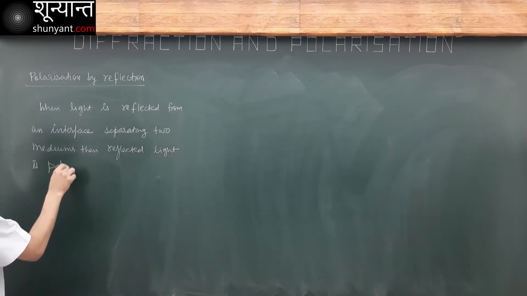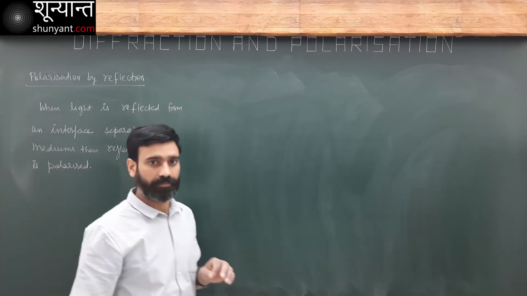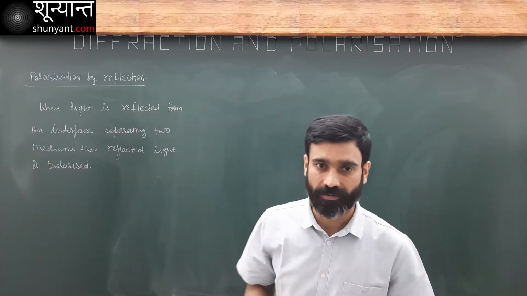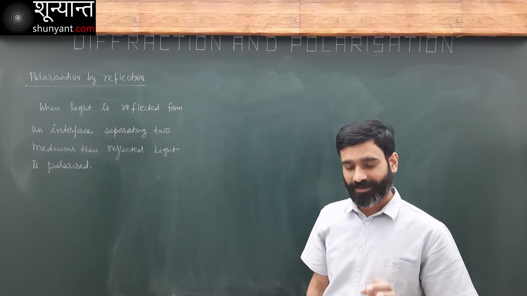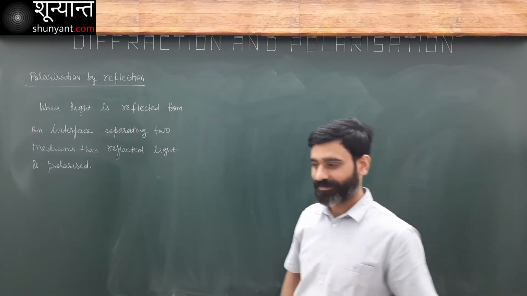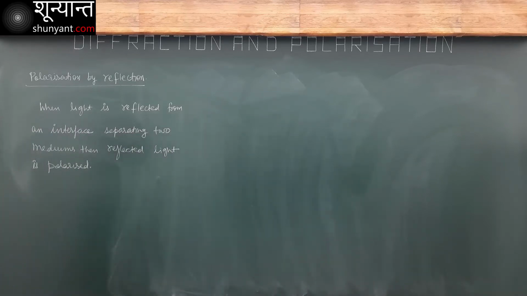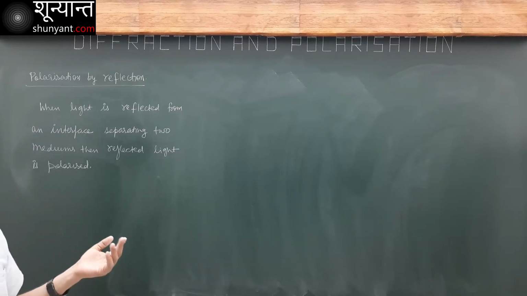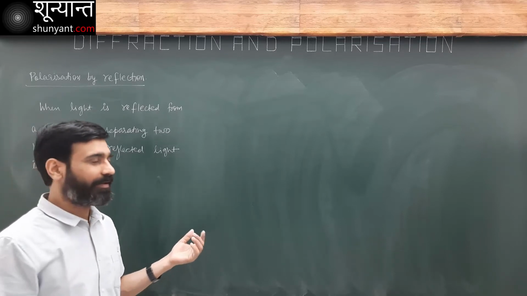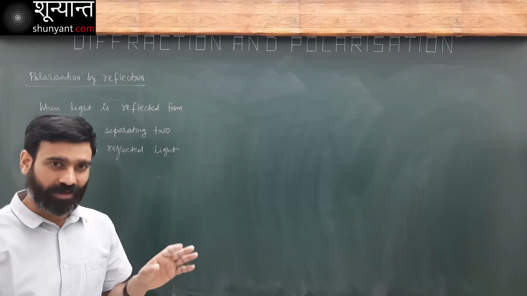First of all, this is an observation. This is what has been observed. It happens all the time. Reflected light is always polarized. Whenever light reflects, of course the light is going to reflect only when the medium changes, and it is reflected from an interface. So whenever light reflects, the reflected light is always polarized.